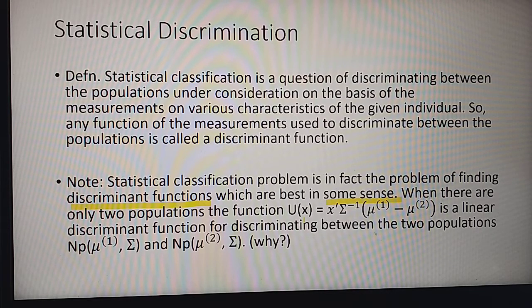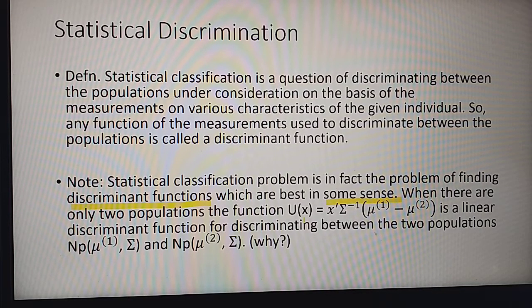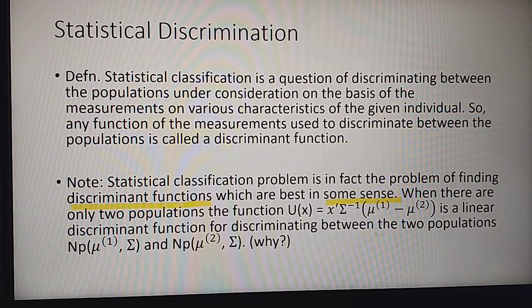So do not confuse the two synonymous terms, classification problem and discrimination problem. We can think of a classification problem as a discrimination problem. When we think of a discrimination problem, any function u(x) is a linear discriminant function, where x is the vector of measurements made on the relevant characteristics of the individual.